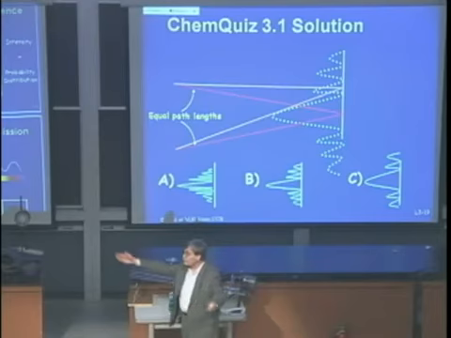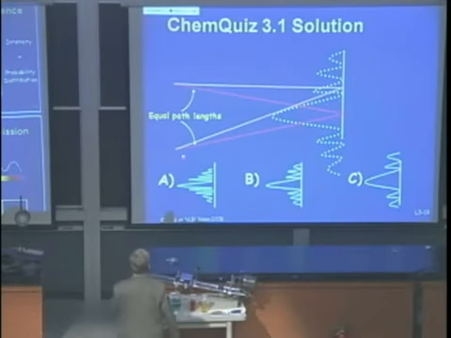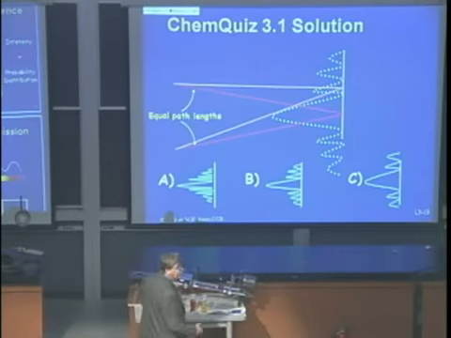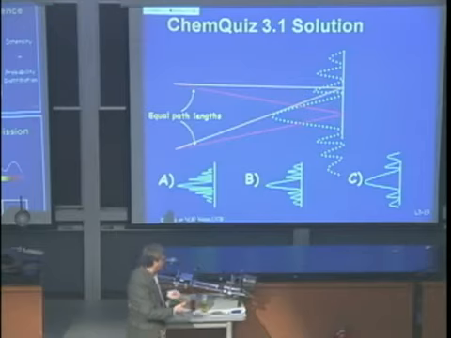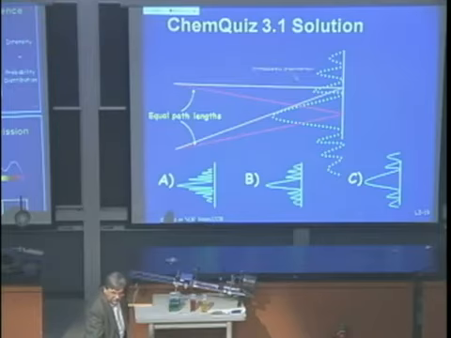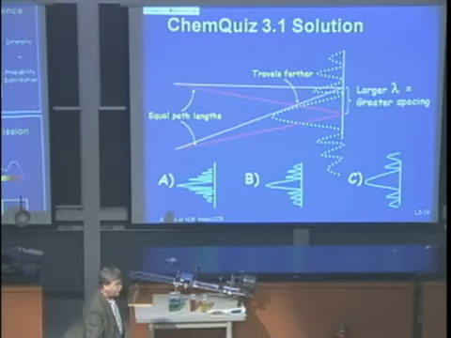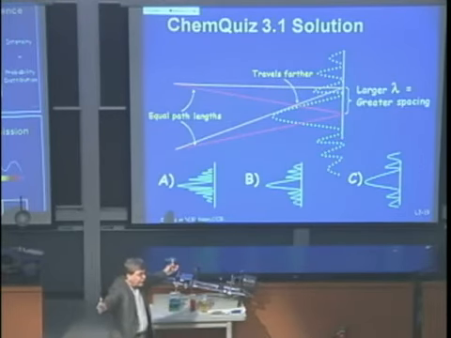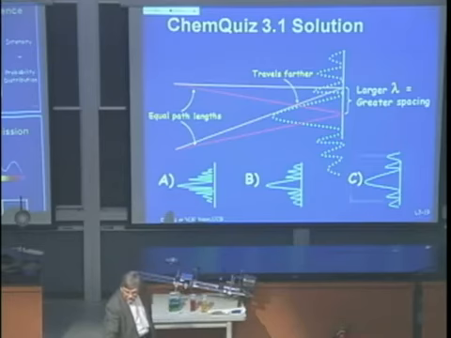Now, if this is spread further out, that means that wavelength has to be longer than before. The wavelength is longer, so it has to travel further. And with this, you get that pattern. And the longer the wavelength is, the more you spread it out. And with this, the answer was C.